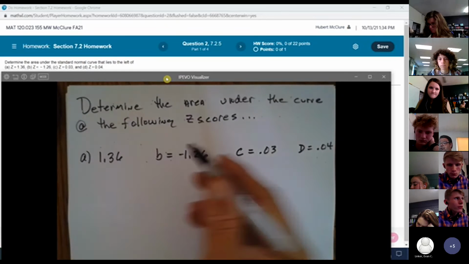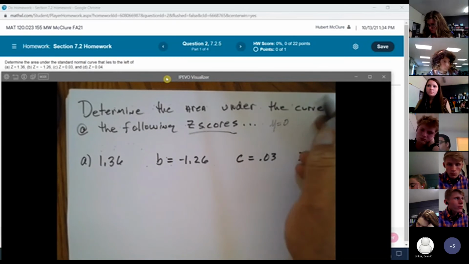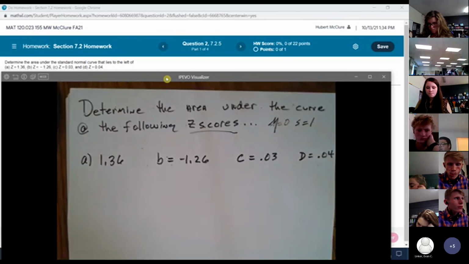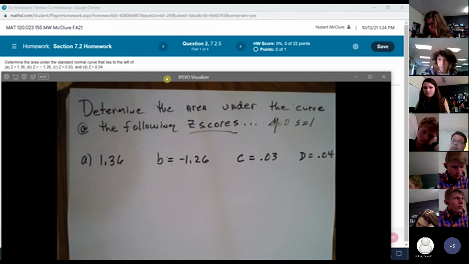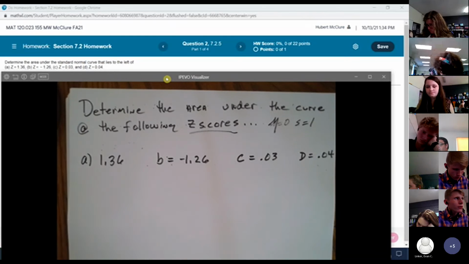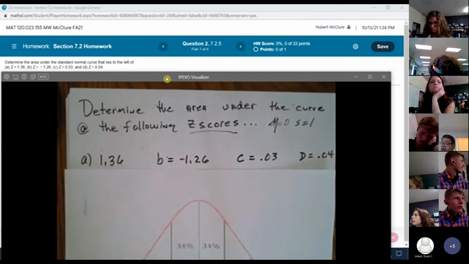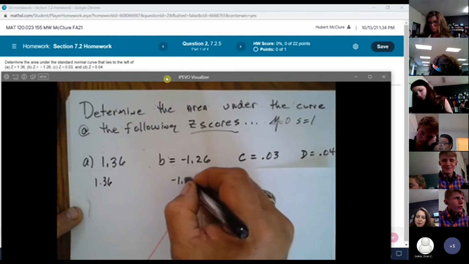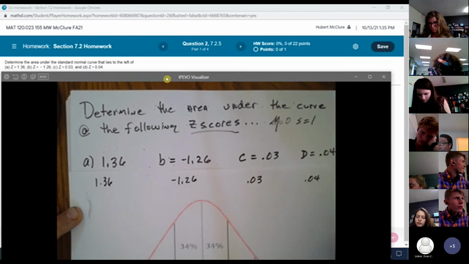So, of course, you see that this is z-score. That means the mean is equal to 0 and the standard deviation is equal to 1. So I'm going to draw a picture. I'm going to have to do colors here because to see everything, we're going to have to do colors. I'm going to transfer these to my graph: 1.36, negative 1.26, 0.03, and 0.04.